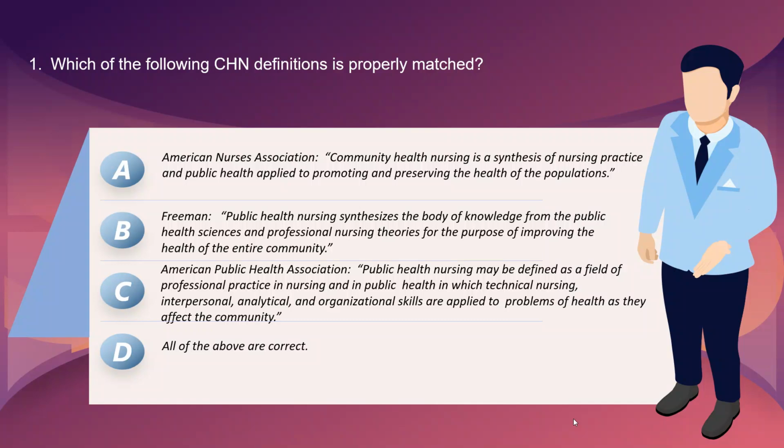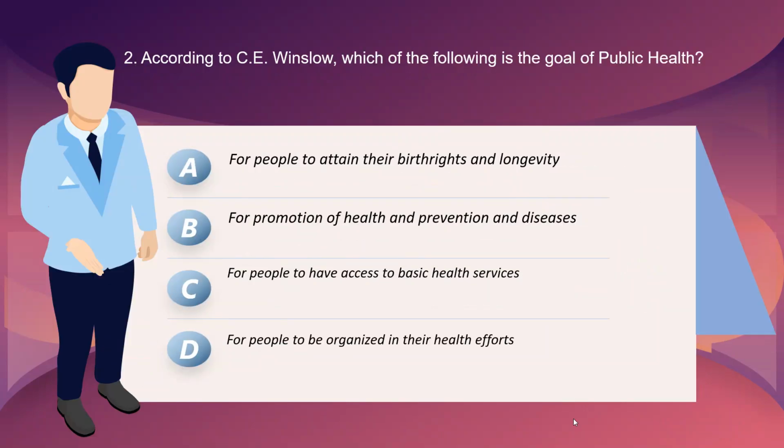It was defined in the 1980s. They said that community health nursing is a synthesis of nursing practice and public health applied to promote and at the same time preserve the population's health. That is wording echoed in standard community health nursing texts. So number 1, the answer is letter A. Number 2.